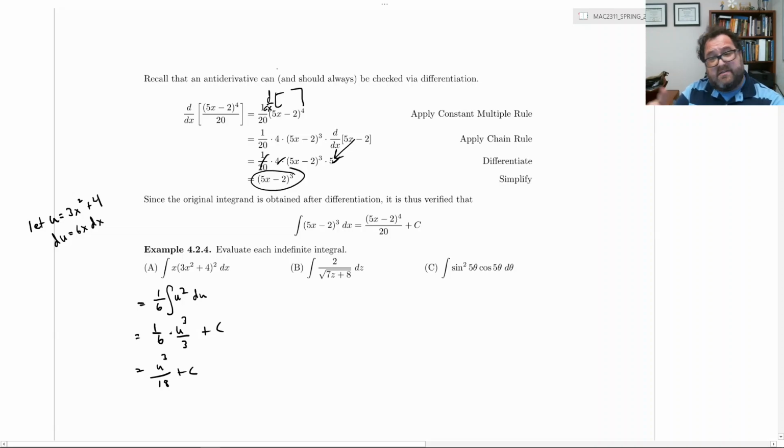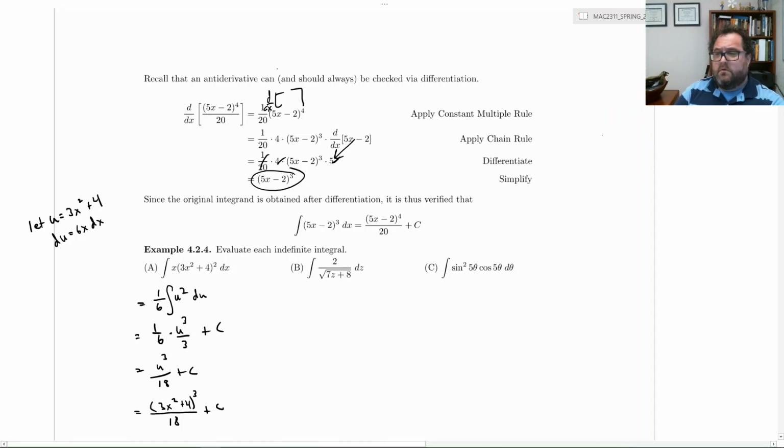Now just don't forget, that's not our answer, because we want our answer to be in terms of the original variable, which is x. So we back substitute. Instead of u cubed, we're going to say 3x squared plus 4 cubed over 18 plus c. Okay, there we are.